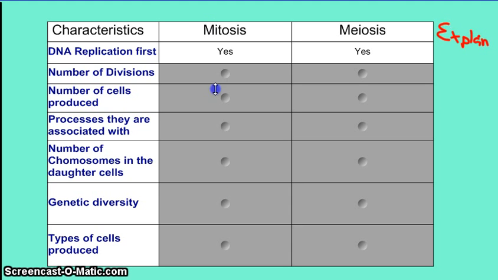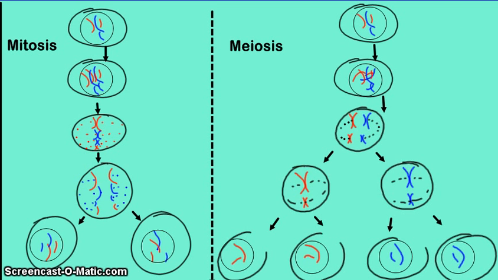So if we refer to our diagram here, and we look at these cells up at the top, these are what are known as our parent cells. So these would represent normal cells of the body. And if you'll notice, they have 2 types of chromosomes, long and short types, and there are 2 copies of each.